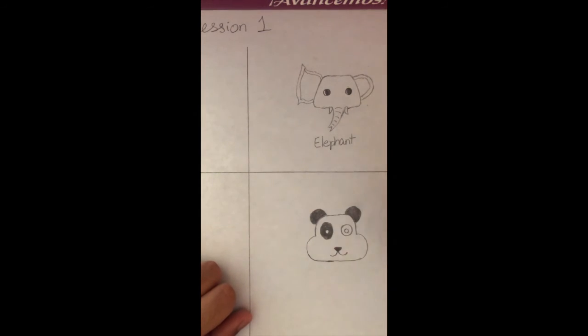Alright, and then there we go. You can color it a little bit more, and then we can color this one in, because pandas have black circles around their eyes.